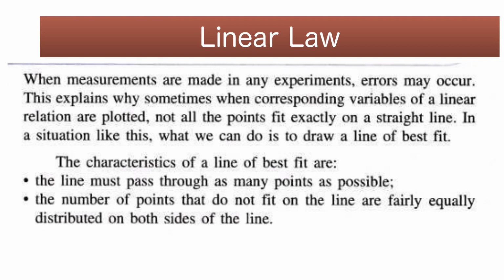Number 2, the number of points that do not fit on the line are fairly equally distributed on both sides of the line. Later I will explain what this means. So whenever you draw the straight line, you must make sure you follow the two conditions here. Again, I repeat, the line must pass through as many points as possible. Number 2, the number of points that do not fit on the line are fairly equally distributed on both sides of the line. Must be fair. If 3 points are on top, you must have 3 points below the line.